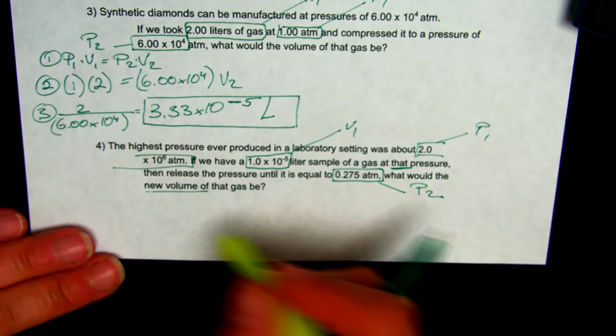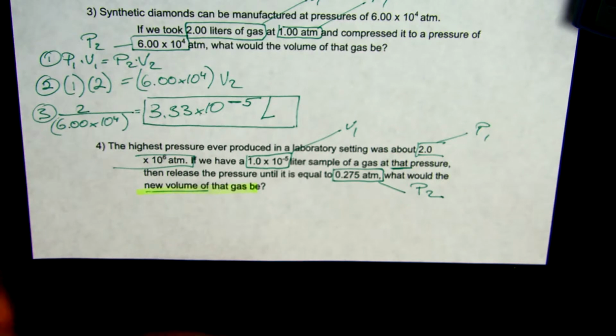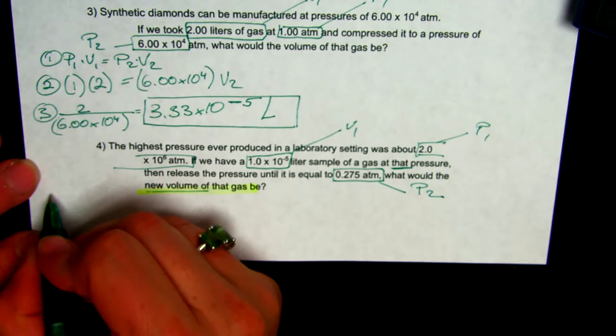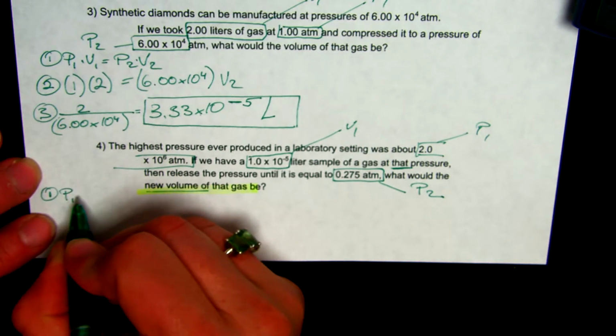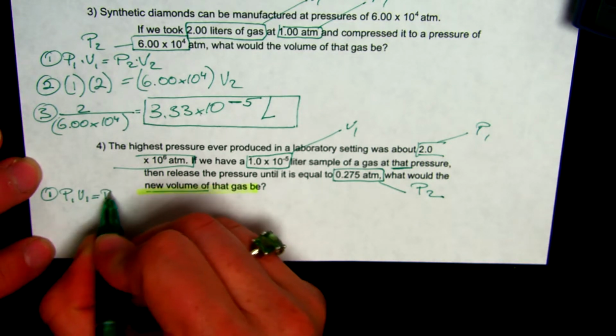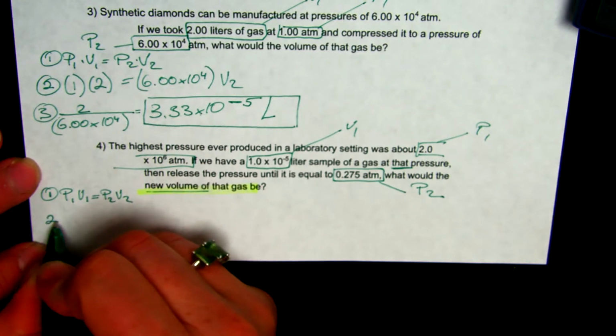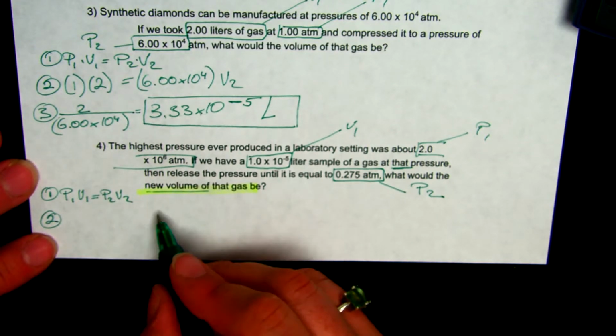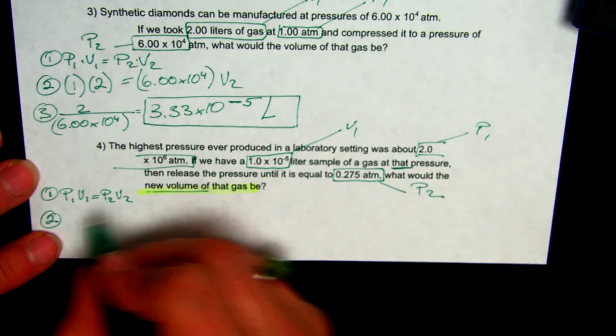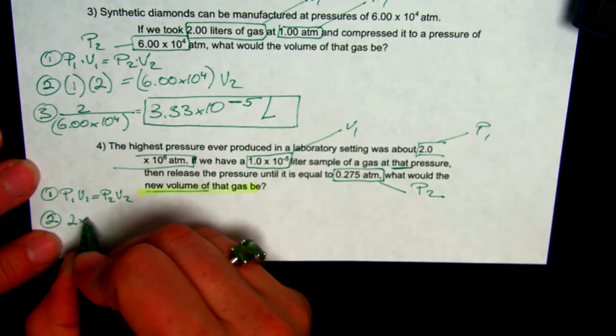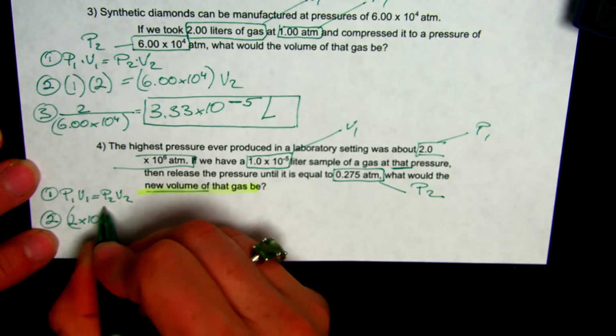I'm asking you what is my new volume. So let me highlight, I'm asking to find the volume. Okay, again, Boyle's law. We are dealing with volume and pressure. Be really familiar with that. So first thing, you write down the formula. Pressure 1 V1 equals pressure 2 V2. Number 2, substitute. Pressure 1 is 2 times 10 to the sixth.